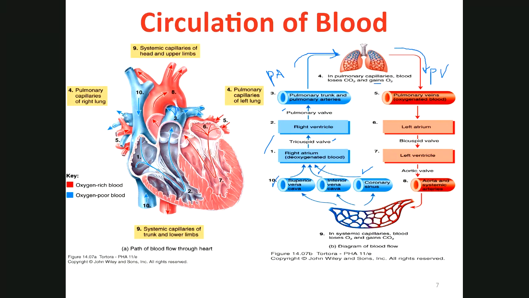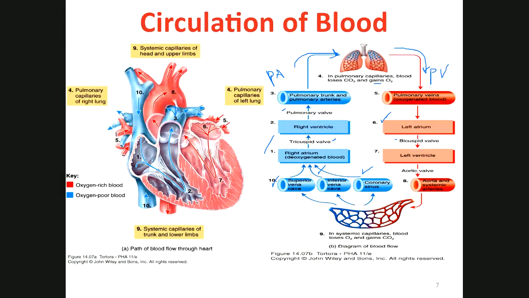And that's going to go into the left atrium, out the bicuspid valve, or mitral or left atrioventricular valve. Then it's going to go into the left ventricle, out the aortic semilunar valve, into the ascending aorta, right?